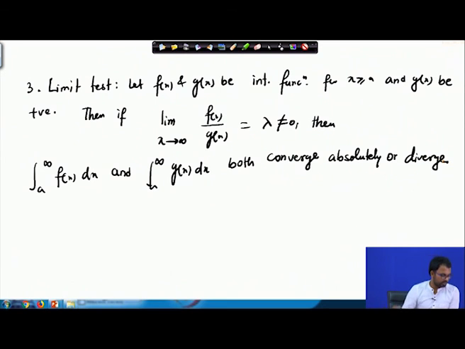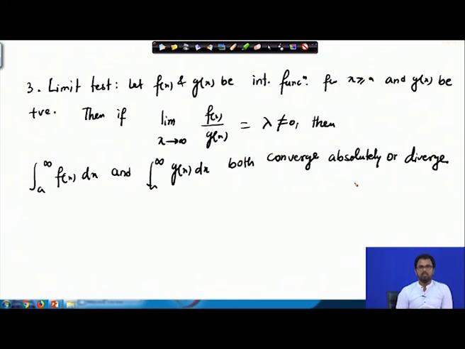So they are either both convergent or both divergent. In this third type of comparison test, you basically evaluate this limit, and if that limit is non-zero, then we can talk about the convergence or divergence of these two integrals. So either they will converge together or they will diverge together. All we have to do is find a function g(x) such that we have a non-zero limit, and then we can talk about the convergence.